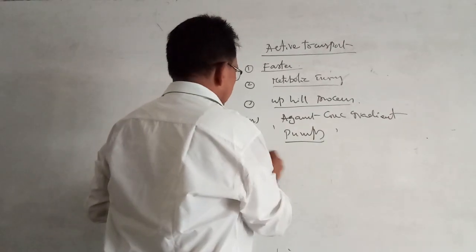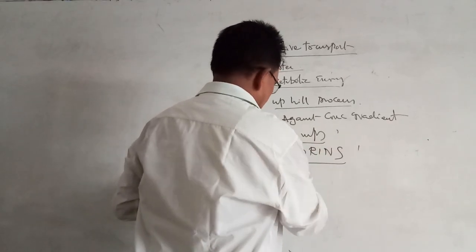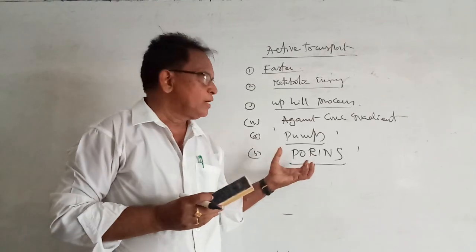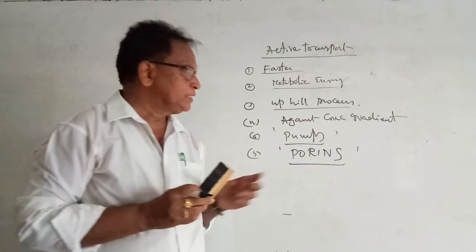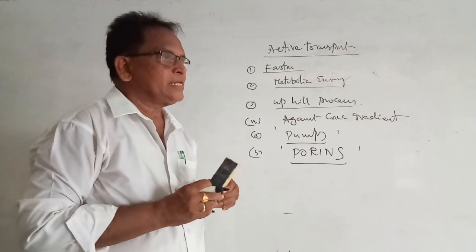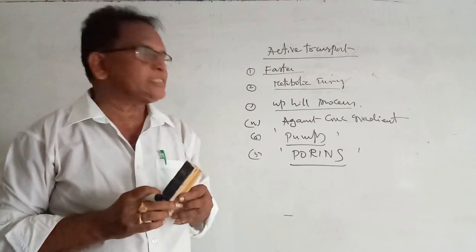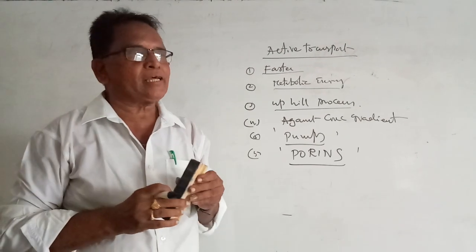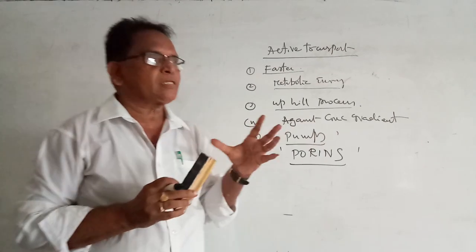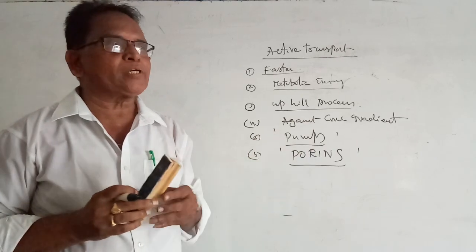Sometimes these are also called as porins. These porins are large sized proteins. They act as carrier proteins, and especially they make pores on the membranes of the chloroplasts and mitochondria, and they are useful for the transport of somewhat bigger molecules which are similar in size to proteins.